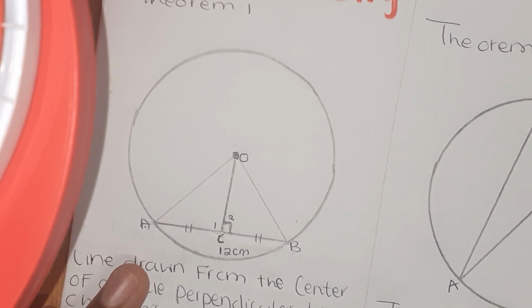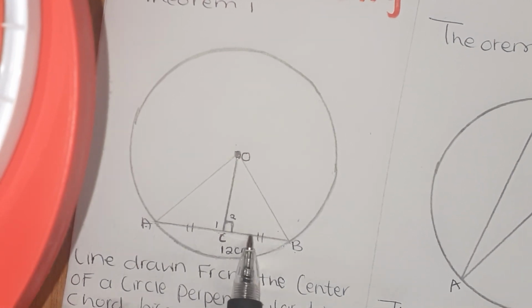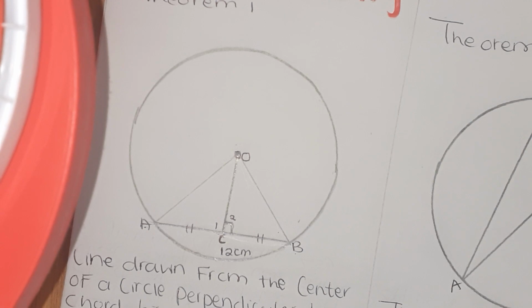So that automatically tells you that you're going to divide this by 2, which is 6. Then AC equals 6, and CB is also equal to 6.